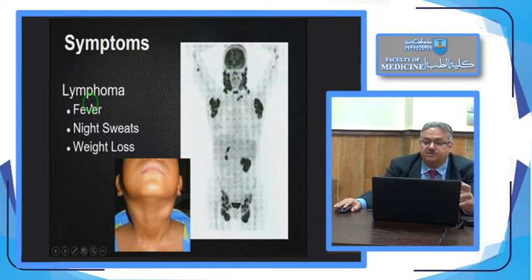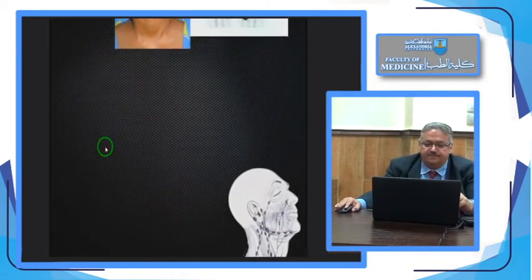So how would you suspect lymphoma? Generalized lymphadenopathy, as you see here. See? Cervical, axillary, and inguinal, right? Iliac. Well, so are there any general symptoms? Any constitutional symptoms? Yes, of course. The very famous B symptoms of lymphoma: fever, night sweats, and weight loss, right?